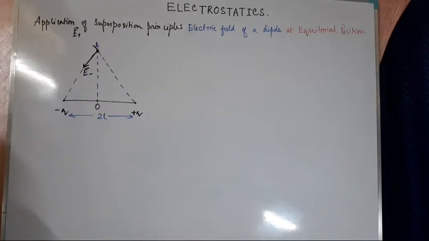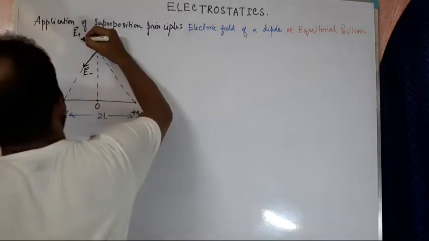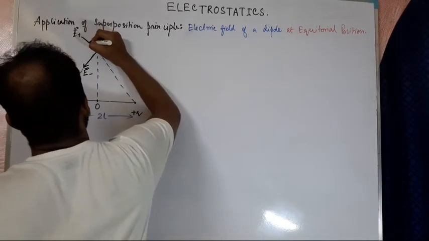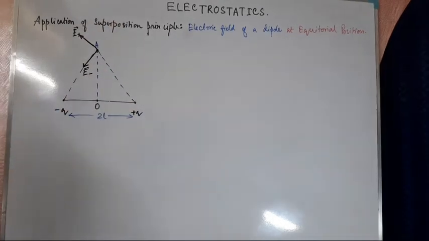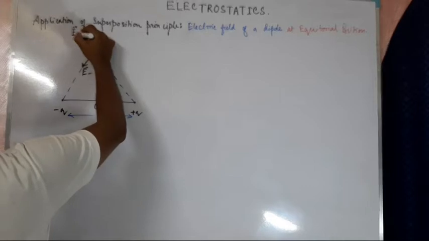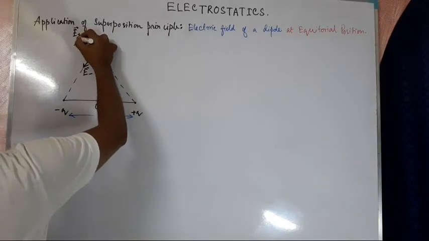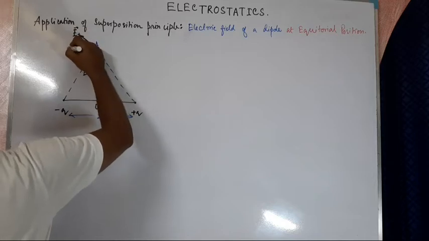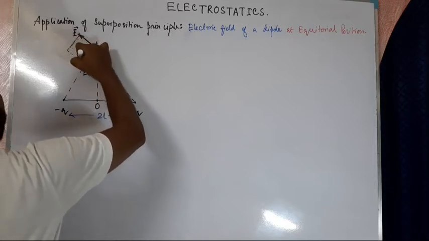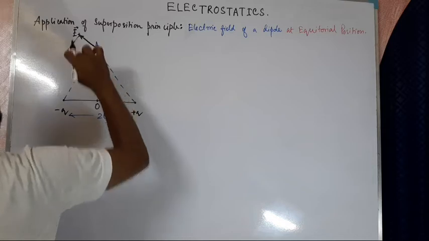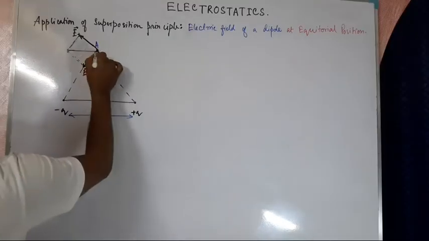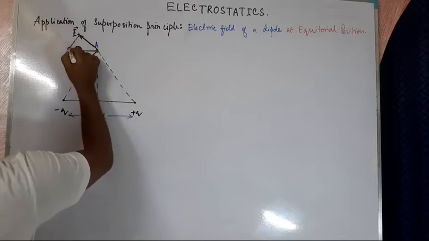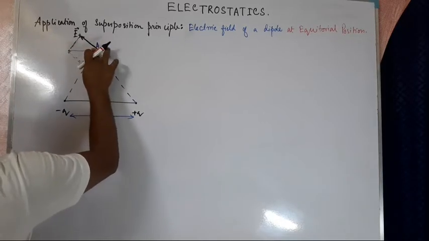We can apply any way to find the vector addition. There are several ways to find the vector addition. First of all, we can use the parallelogram law, we can use the triangle law, or we can split them into components and find the result. I am just splitting it into components.